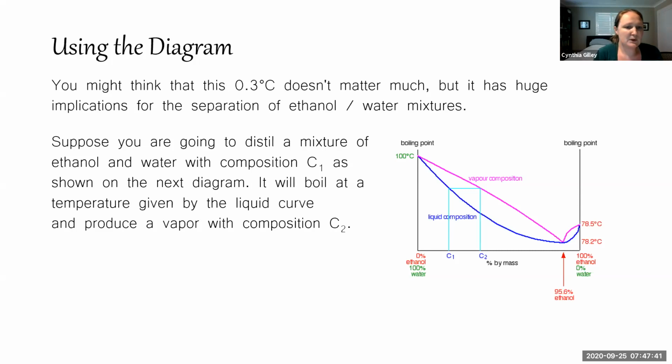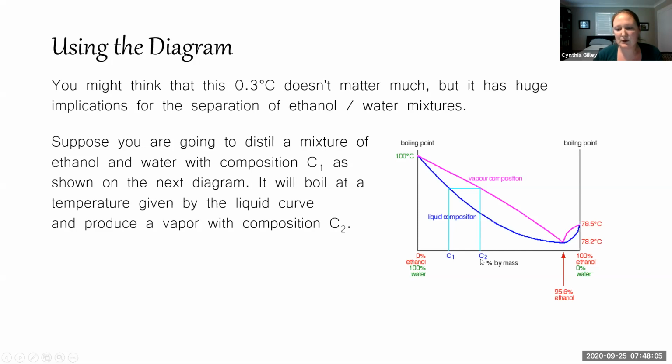Suppose you're going to distill a mixture of ethanol and water with composition C1, as shown in this diagram. It will boil at a temperature given by the liquid curve and produce a vapor with composition C2. So you're starting out with a liquid mixture of around C1. You heat it up to its boiling point and condense the vapor above the liquid. It has composition C2.